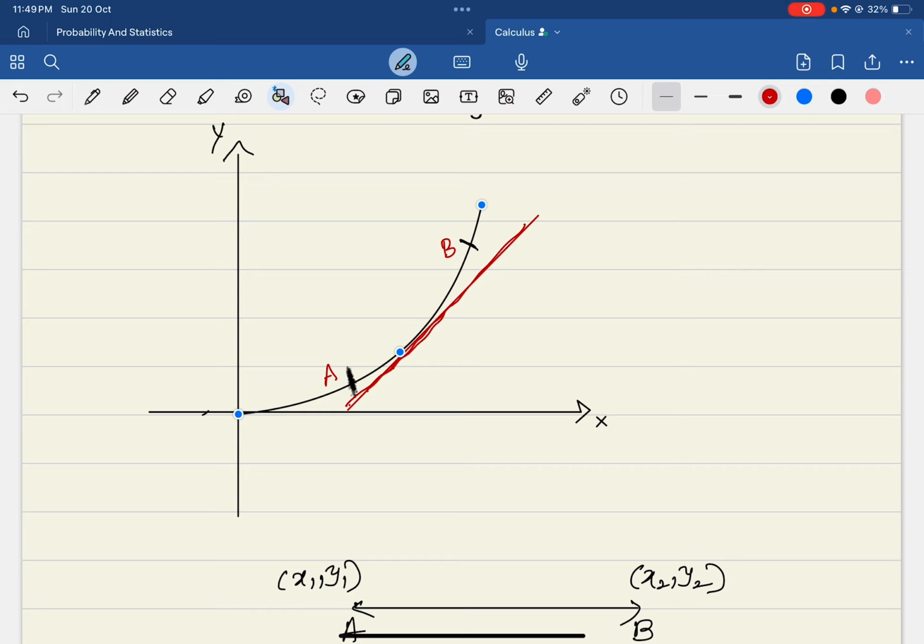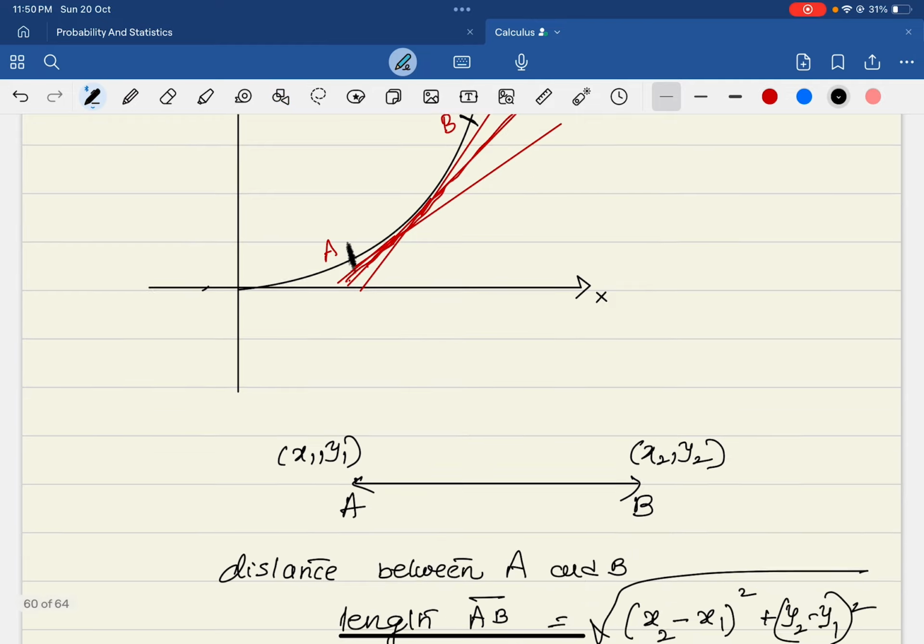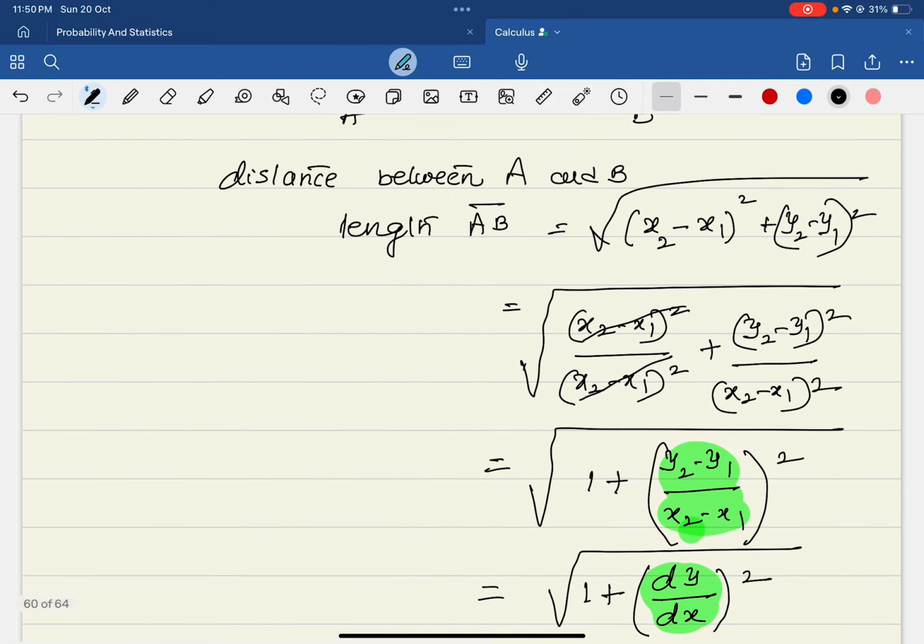At the same time, let us draw one more tangent at another point, and one more tangent. So whatever the distance between two points, I know the length of the line segment is given by the square root of 1 plus (dy by dx) the whole square.